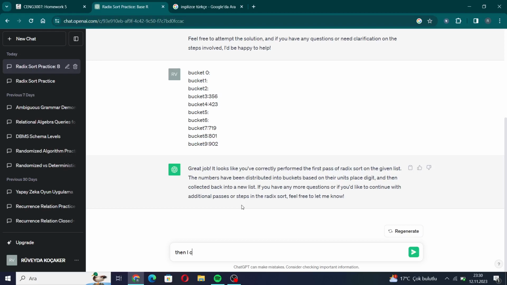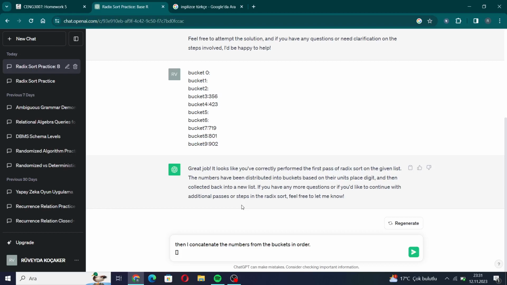Then I collect, concatenate the numbers from the buckets in order. I will do it firstly with group 1.